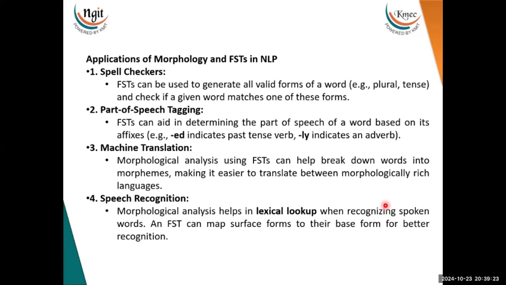Generally, Finnish or Turkish, sometimes Hungarian, are morphologically rich languages. This is how machine translation is also one application where FSTs or morphology have their own place.